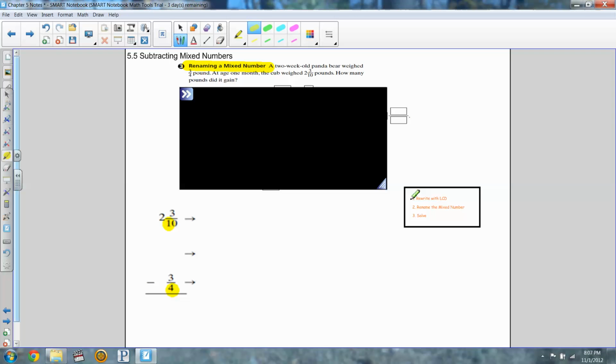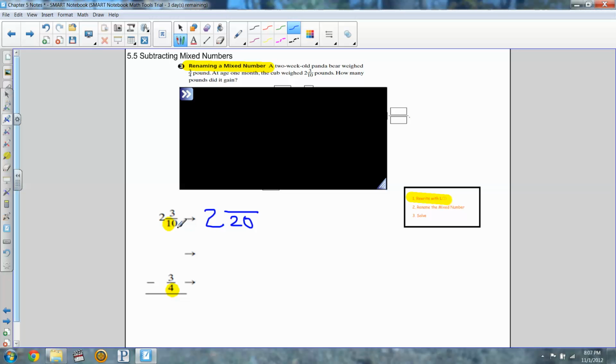The first thing I'm going to do is rewrite my problem using least common denominator, because that's what we've been doing. So I'm going to change 2 3/10 into my least common denominator, which is going to be 20. So I'm going to change this into 2 and something 20ths.